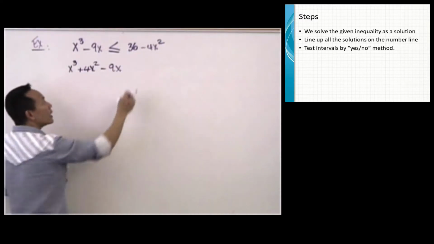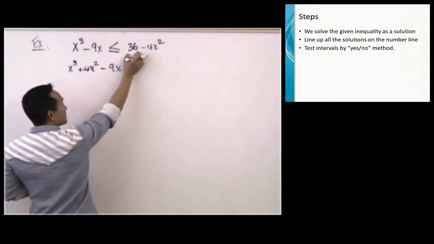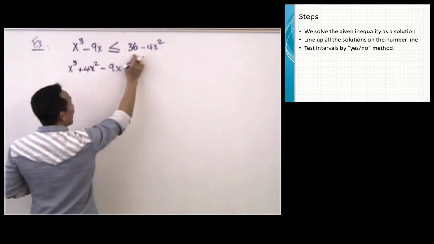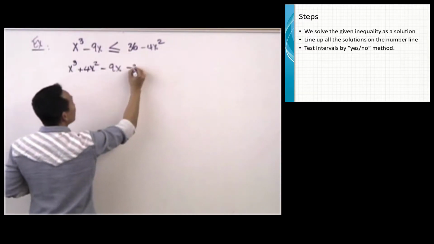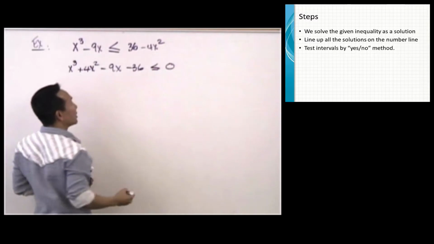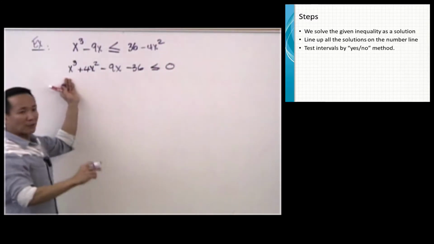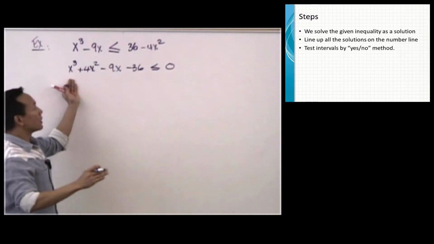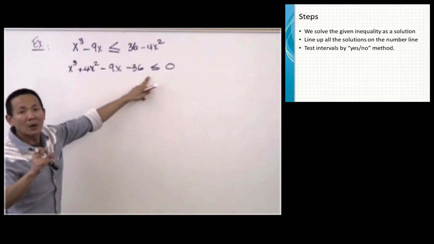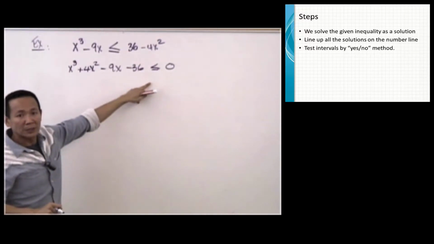And then the last number is positive 36 over here. I subtract 36 on both sides and have negative 36. And it's less than or equal to 0. So I have a 4-term polynomial compared to 0.